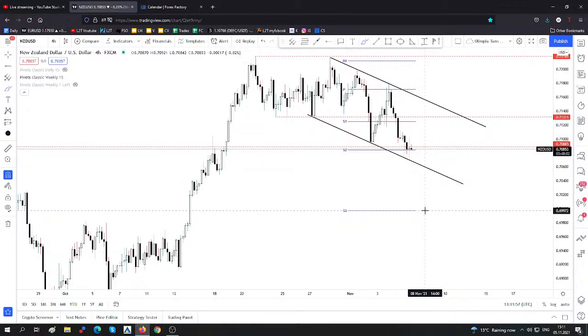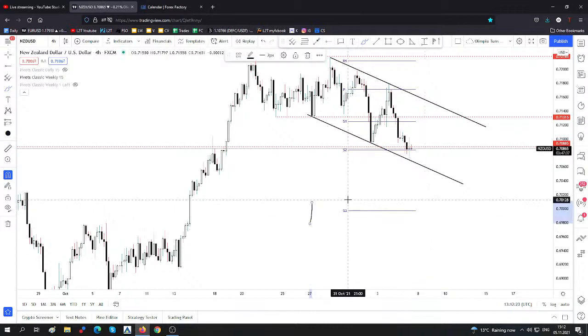But if the dollar index will jump higher towards fresh new highs, maybe yeah, the US dollar will be expected to appreciate versus rivals, and then maybe the New Zealand dollar US dollar could extend its drop.